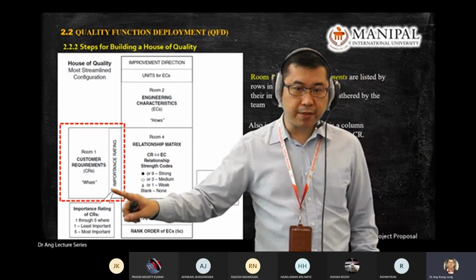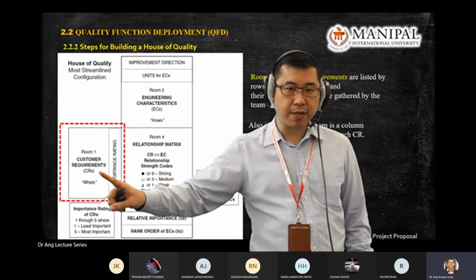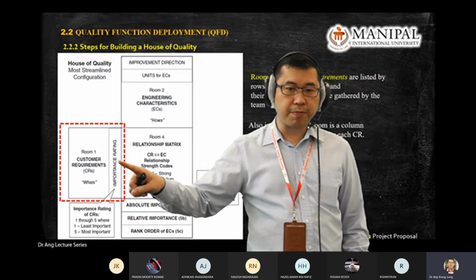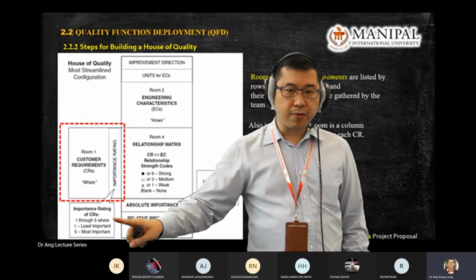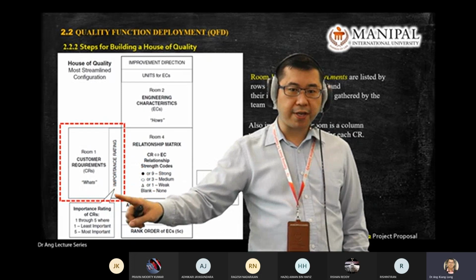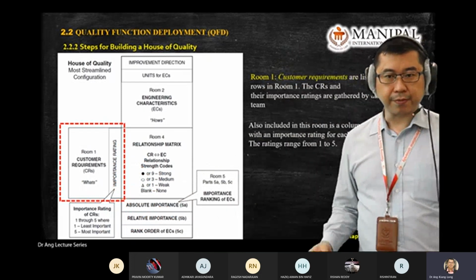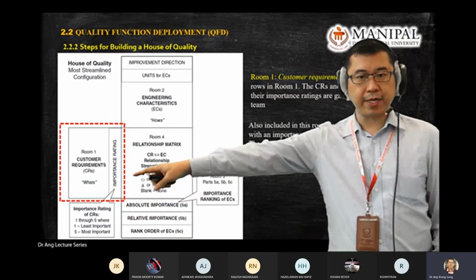Let's say you have 10 customer requirements. You label the most important one with number 5. The least important one is 1. So you label 1 to 5 here. Okay, this is step number 1.